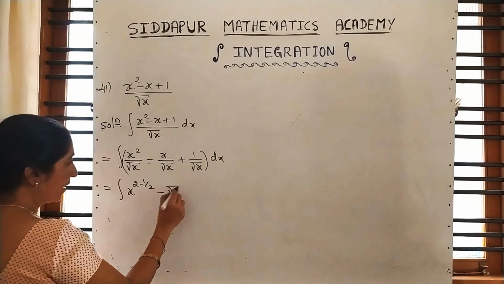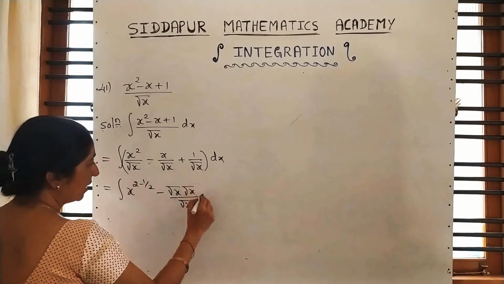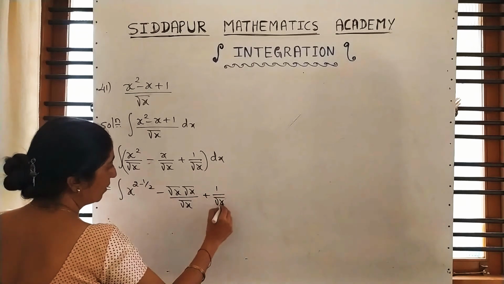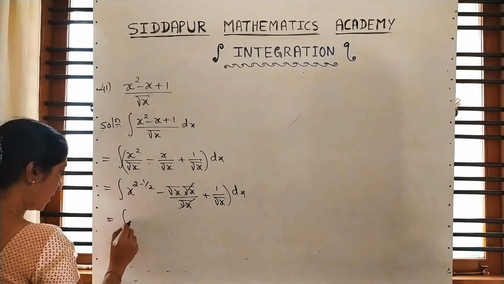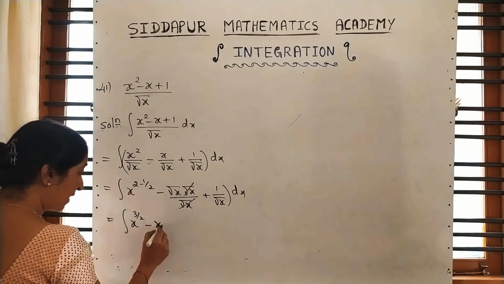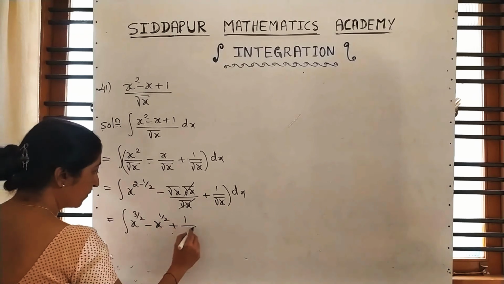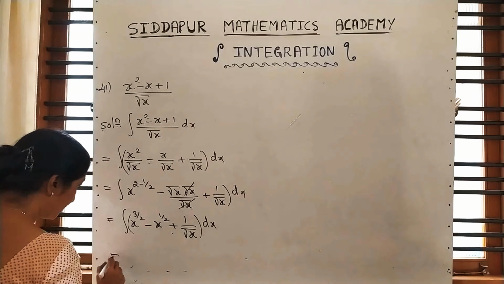And this will be x can be written as root x into root x upon root x. And this I kept as it is because we are familiar with integration. x raised to 3 by 2 minus root x will be written as x raised to half plus 1 by root x. Now I am doing integration.